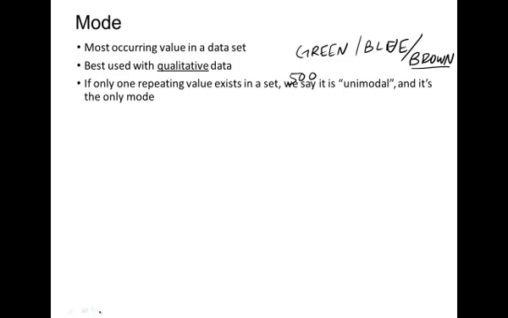If you only have one repeating value that exists in a set, then we say it's unimodal and it's the only mode. So if I have 0, 1, 3, 3, 3, 4, 9, 11, and 12, then what would the mode be? That's right, the mode would be 3 because it's the only value that occurs more than once.